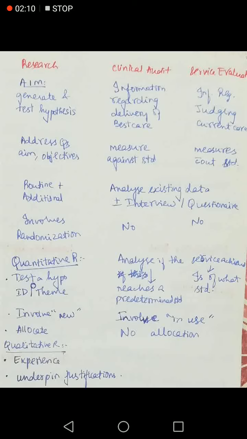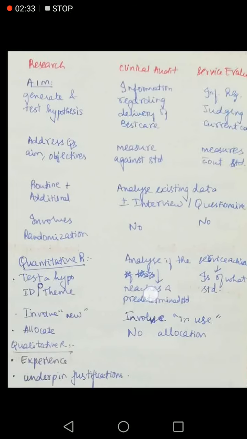Clinical research involves new ideas, whereas clinical audit and service evaluation involve ideas currently in use. In research we have to allocate patients, but there is no allocation and no randomization in clinical audit and service evaluation. Qualitative research requires experience and underpinning justifications too.